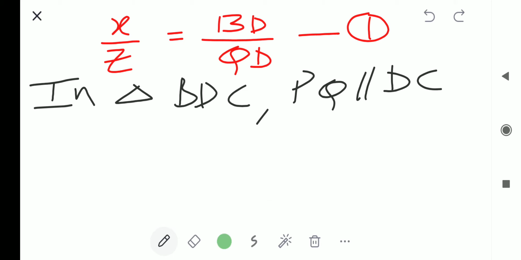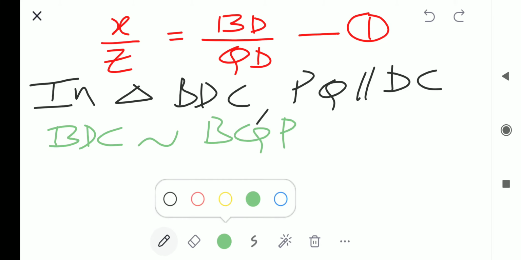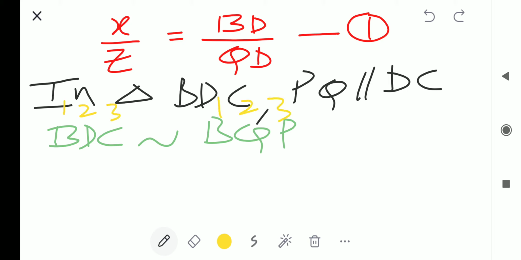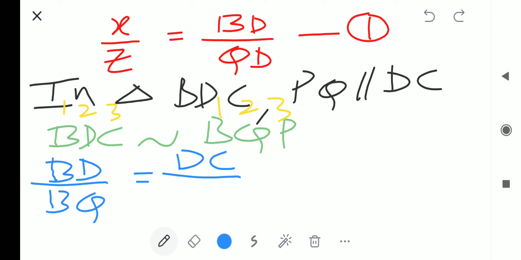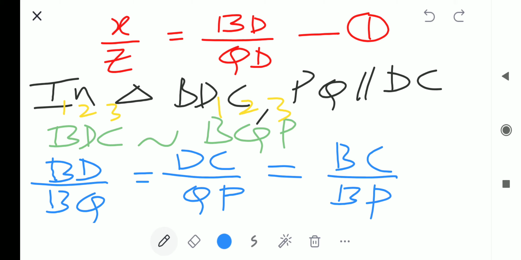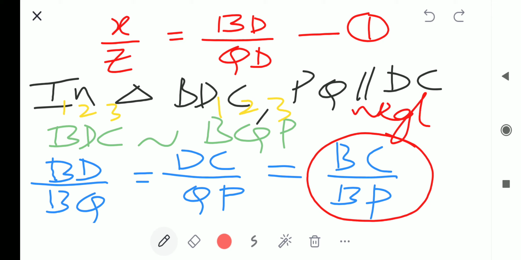Therefore, triangle BDC is similar to triangle BQP, and for the corresponding sides ratio, first taking 1, 2, that is BD by BQ is equal to, taking 2, 3, DC by QP is equal to, taking 1, 3, BC by BP, from which the ratio BC by BP should be neglected.